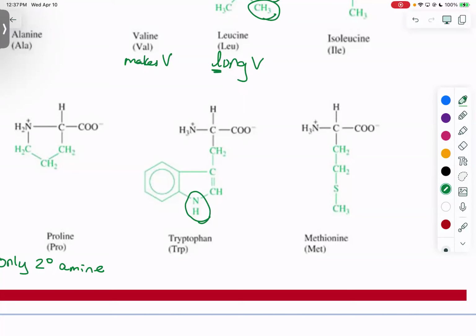Methionine is the amino acid that is usually coded for at the very beginning of every single protein. So it's at the start of proteins. Y'all have done transcription and translation. So you have the start codon, and the start codon always codes for methionine.